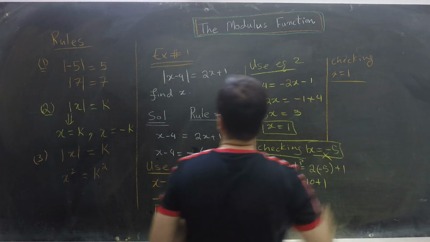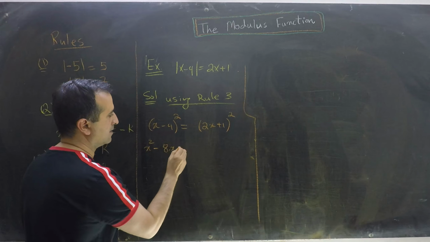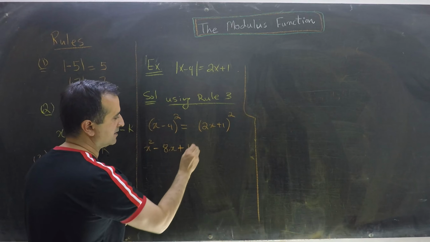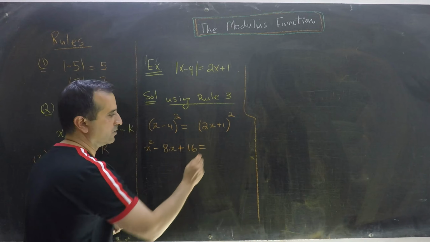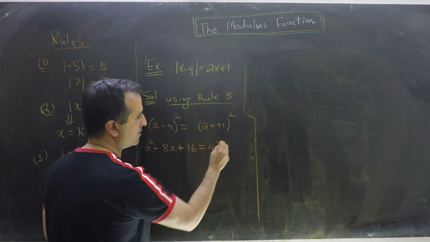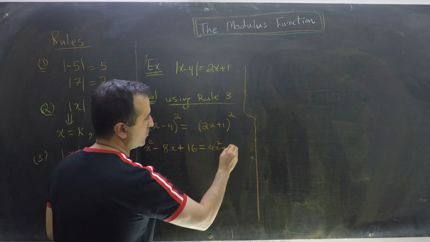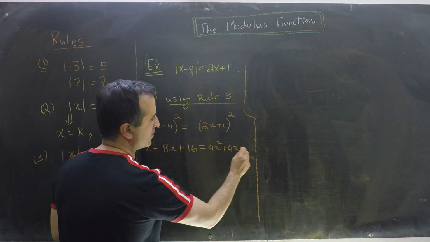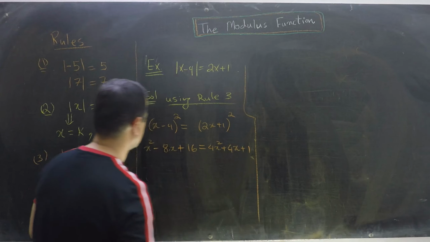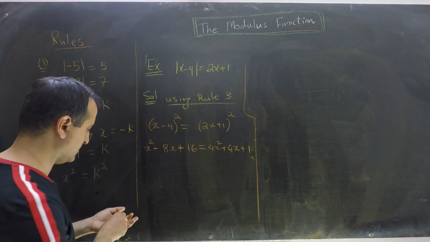So according to rule number 3, I will have (x minus 4) whole square is equal to (2x plus 1) whole square. I expand them. It will be x square minus 8x plus 16 equals 4x square plus 4x plus 1. Now let's simplify it.